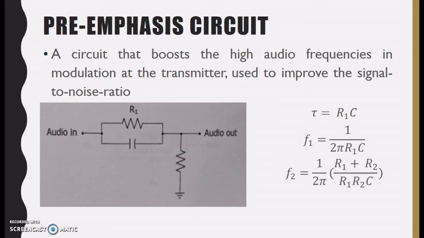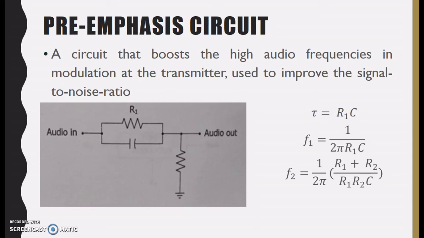Specifications dictate a time constant of 75 microseconds, where tau, the equation here, is equal to the product of the resistor 1 and the capacitance. Any combination of a resistor and a capacitor giving this time constant will be satisfactory.